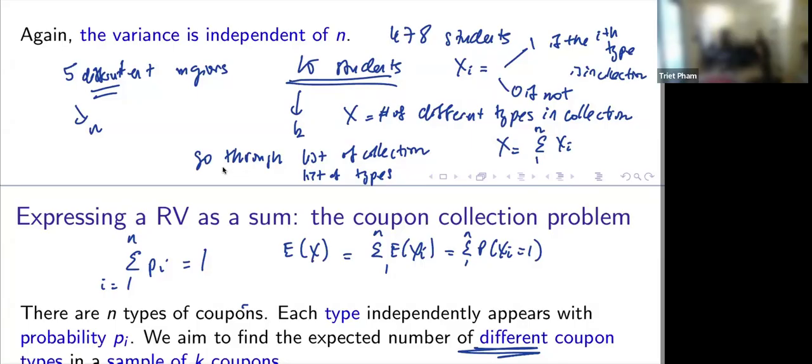Oh, sorry, there's a sum here. There you go. Because you have to go through each of the students in the class or each of the coupons and say this is not our pi. And they're independent, so you just multiply them out. So that's the solution.